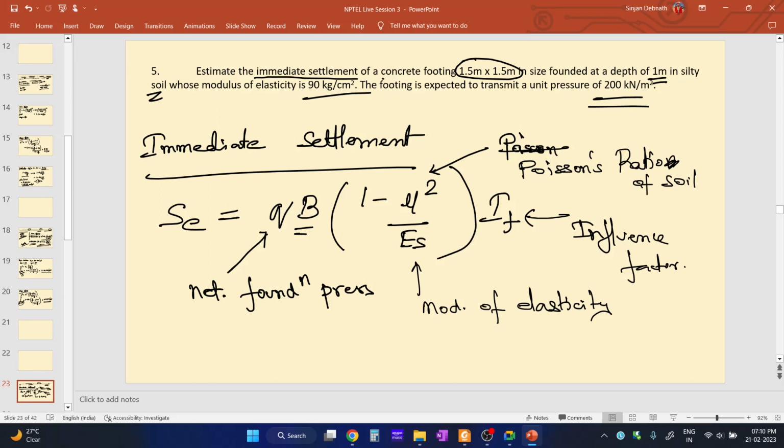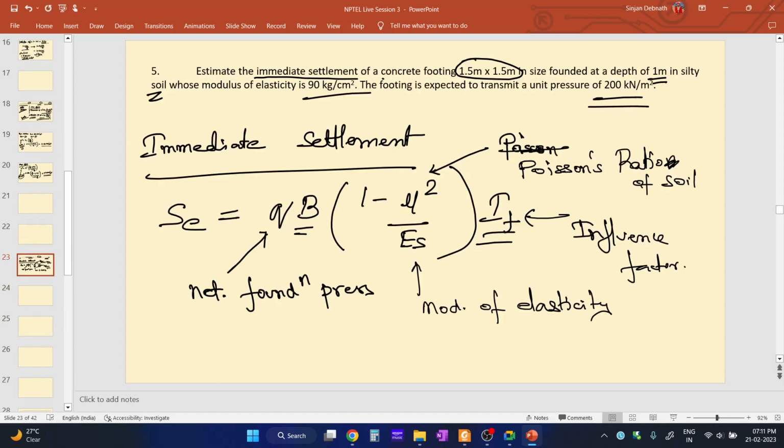In that case, using this formula, we first find the immediate settlement for the flexible footing. After that, we incorporate this influence factor to incorporate the effect of the rigid footing. I will do this, you will understand as I do it. So let's come to the problem.